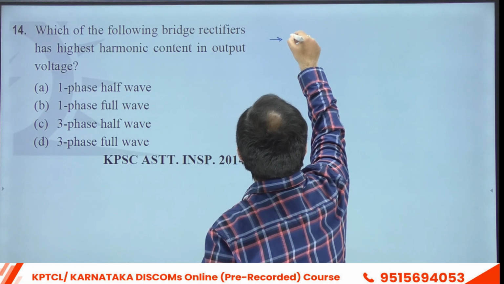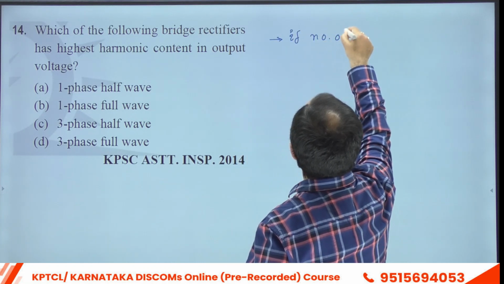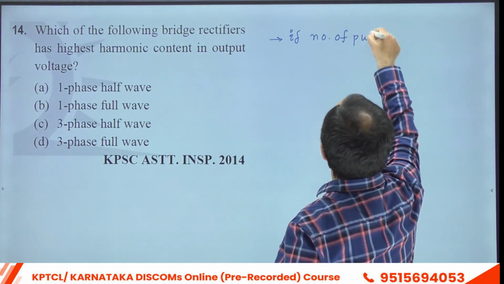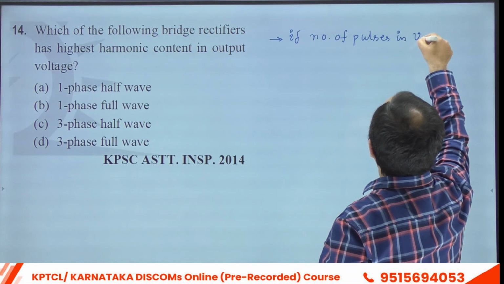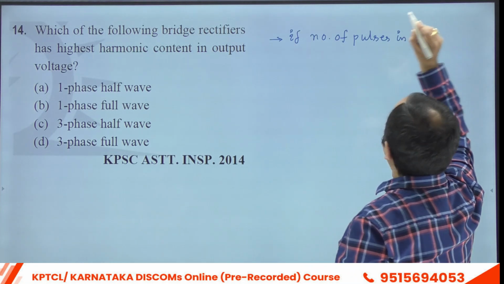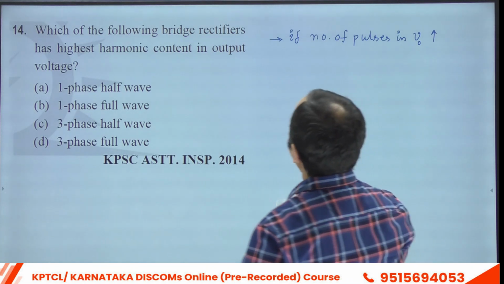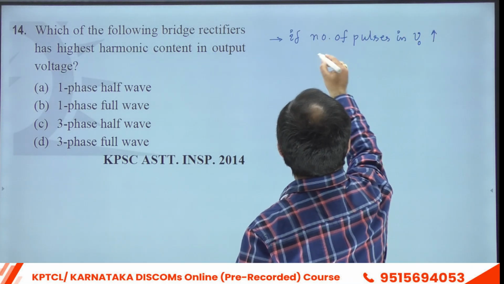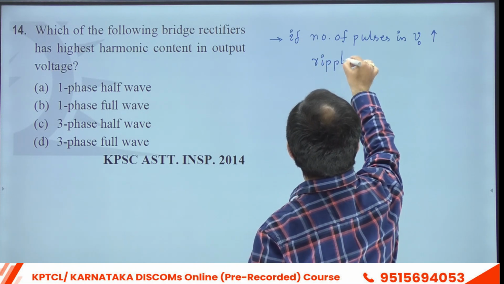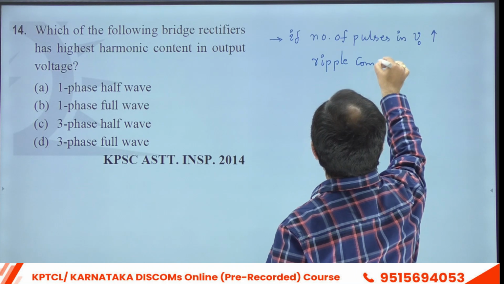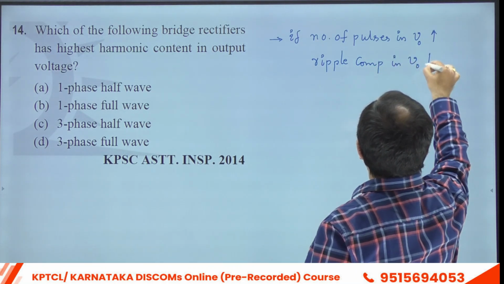If the number of pulses in V0 increases, the ripple component in V0 decreases.